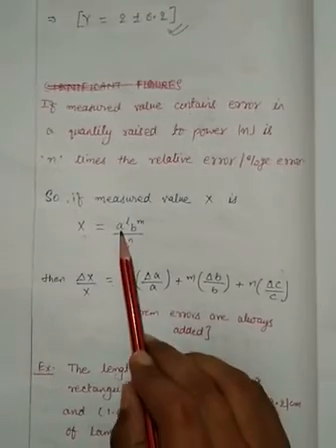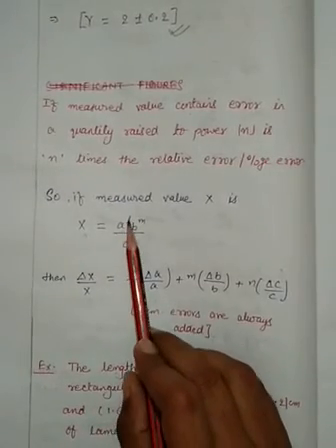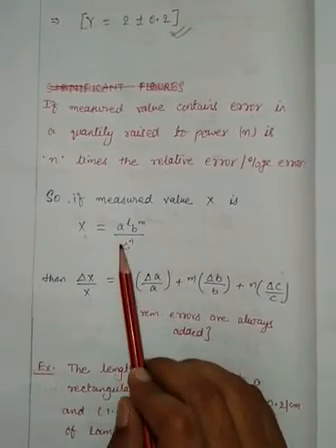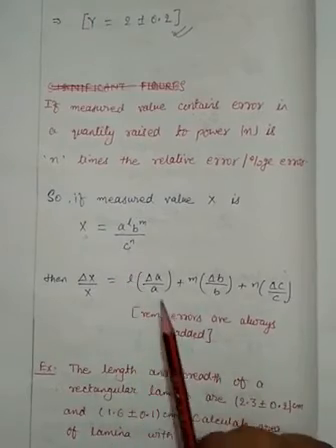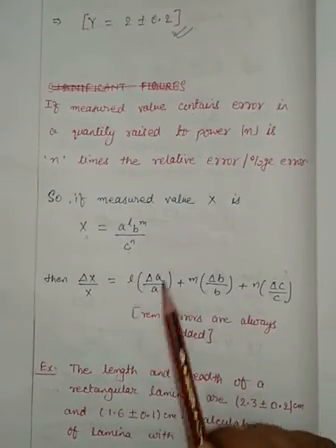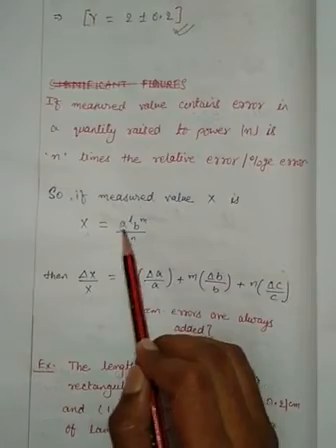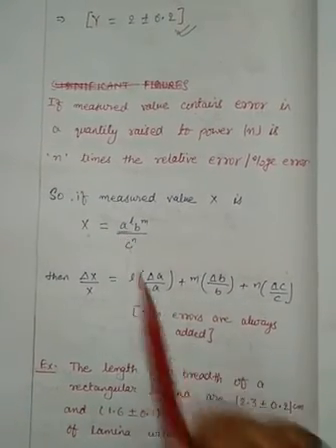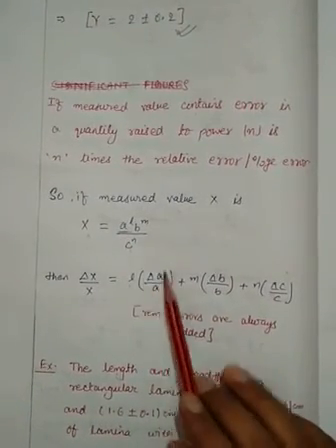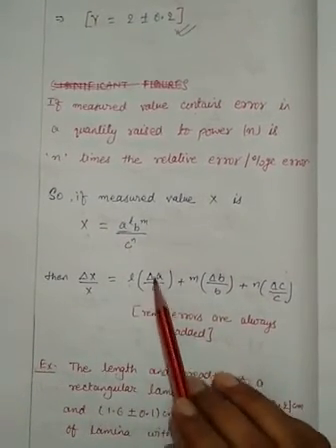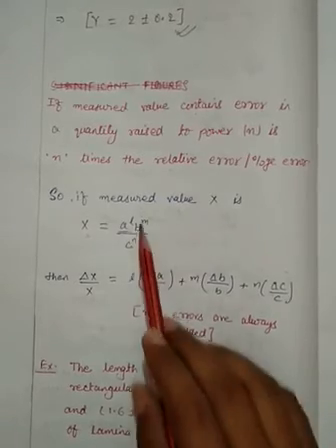Now, for an individual part, suppose a raised to l. When we calculate the combination of error, what do we write? L multiplied by the relative error of that quantity, that means the power which is on the base quantity. L is on a, so L times the relative error, and what is relative error? Error divided by absolute value.